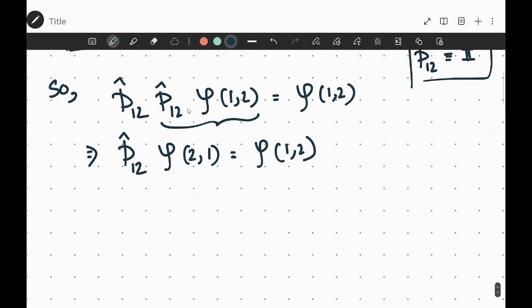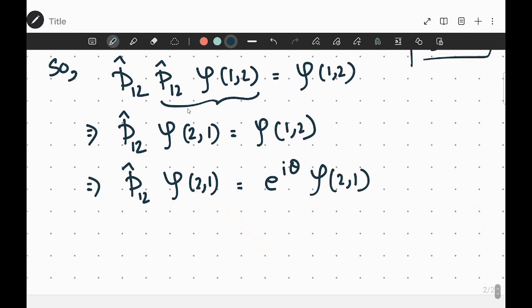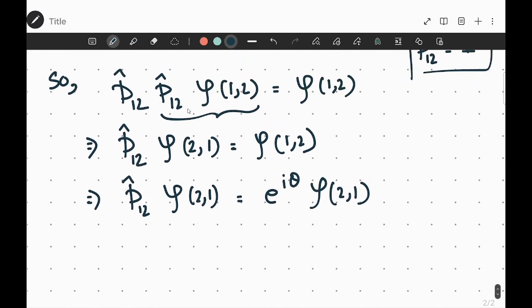Nothing is wrong. Okay, so psi 21, if you apply to psi 12, will be there. Correct. So you can write psi 21 equals e to the power i theta into psi 21.